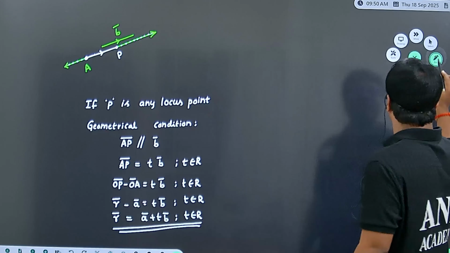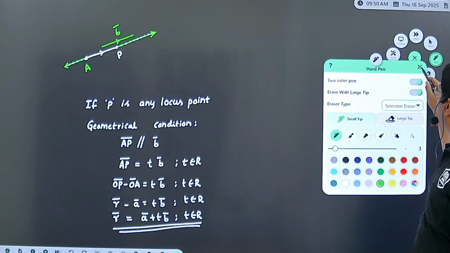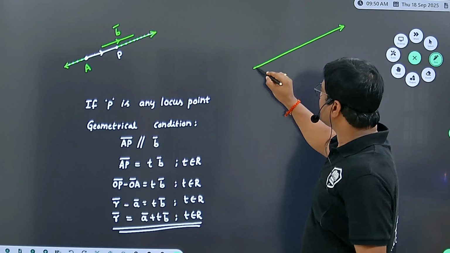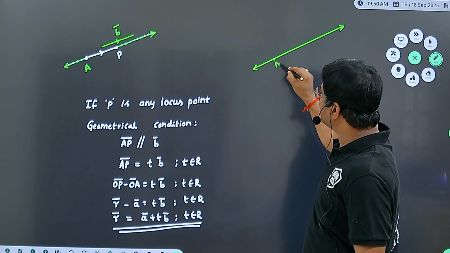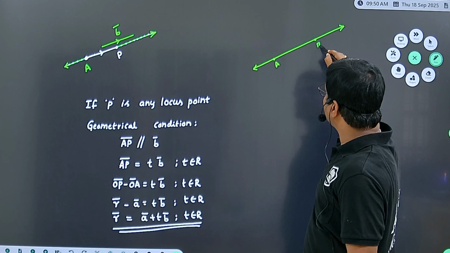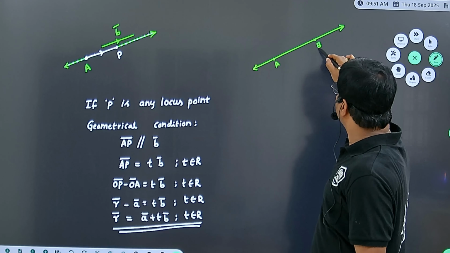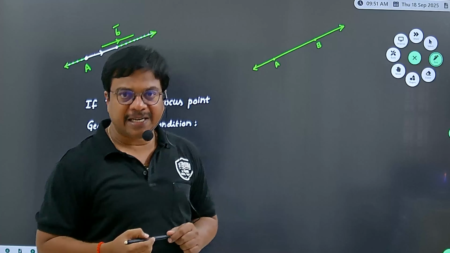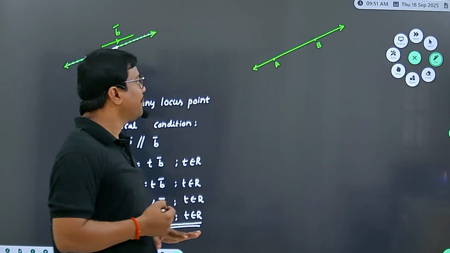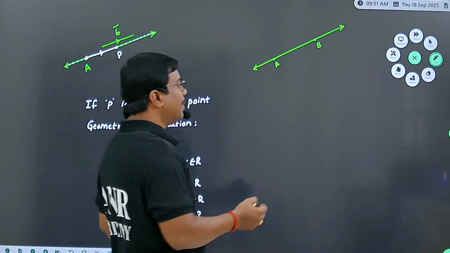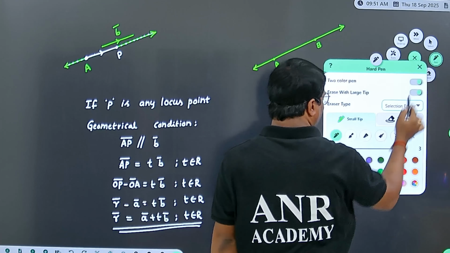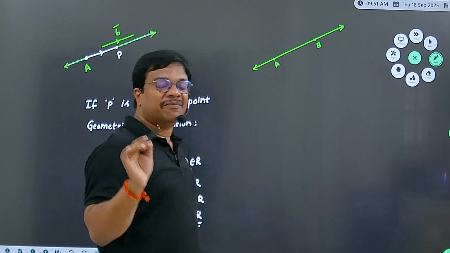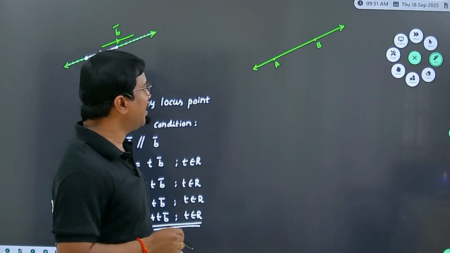Next, second one. Suppose that if the straight line passing through two different points, capital A and capital B, that is 2-point form of vector equation of straight line we are going to discuss now. Yes, again by the definition, every geometrical figure which is by the path of points which satisfies a consistent geometrical condition.